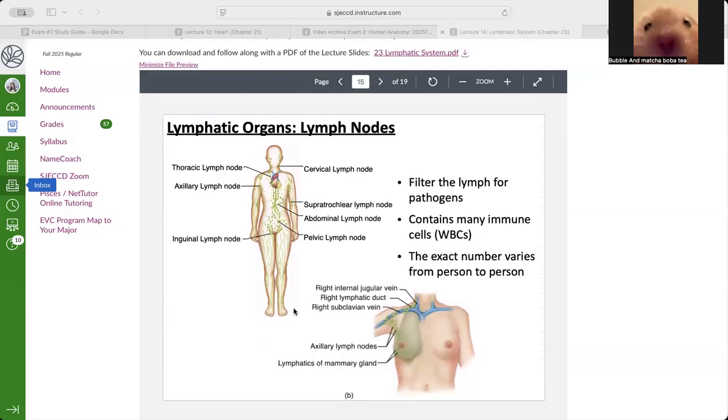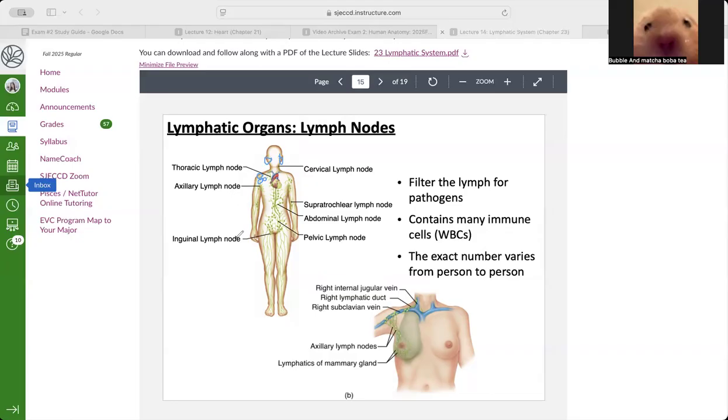Lymph nodes. They're bean-shaped organs. You see this little green right here? Bean-shaped. They're very small, kind of cute. Those are the little lymph nodes around your body, and the variation varies from person to person. They recognize and destroy pathogens that are in the lymph.